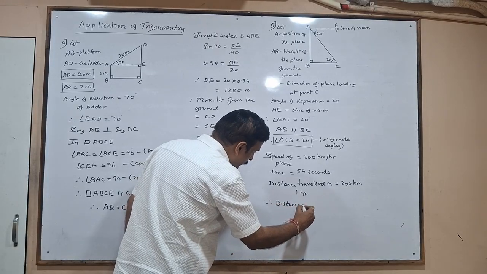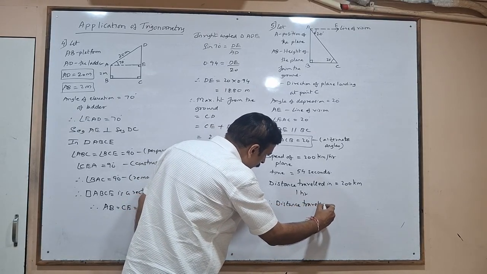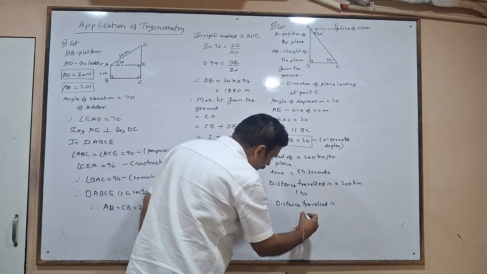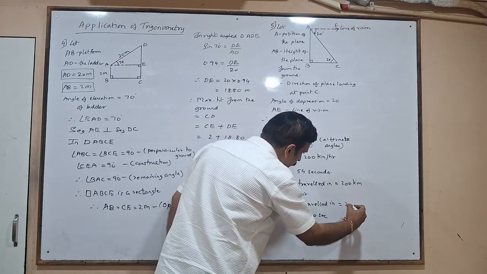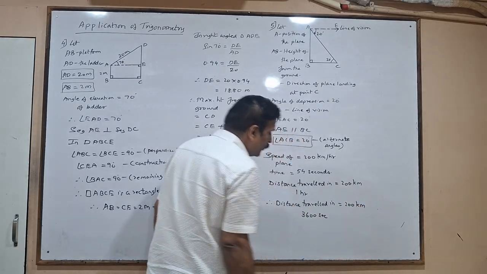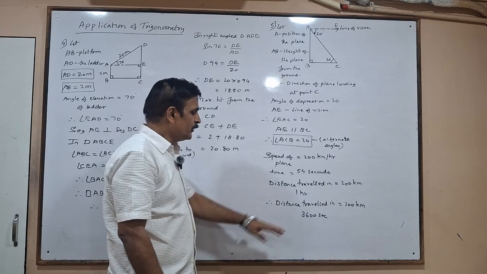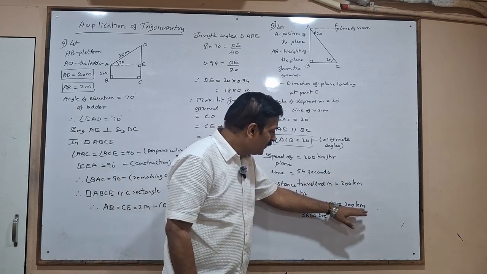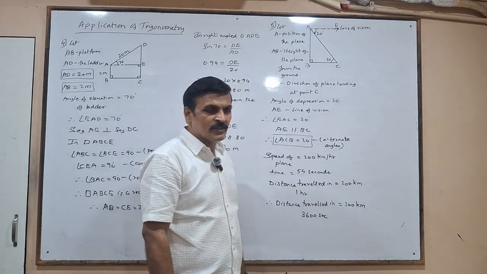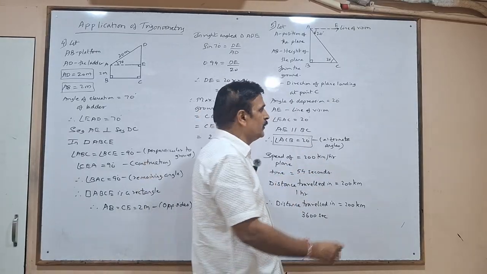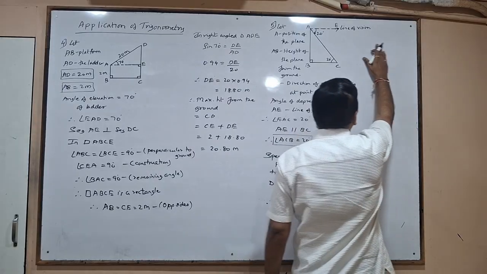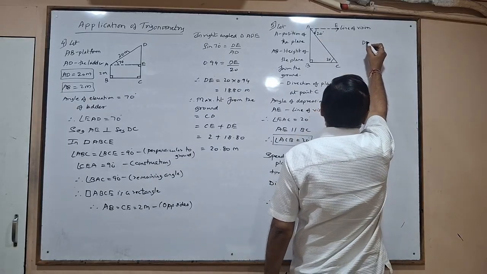Distance traveled in 3600 seconds is 200 kilometer. So in 3600 second, 200 kilometer is the distance traveled. In 54 second, how much distance is traveled? Basically, that distance will be AC.